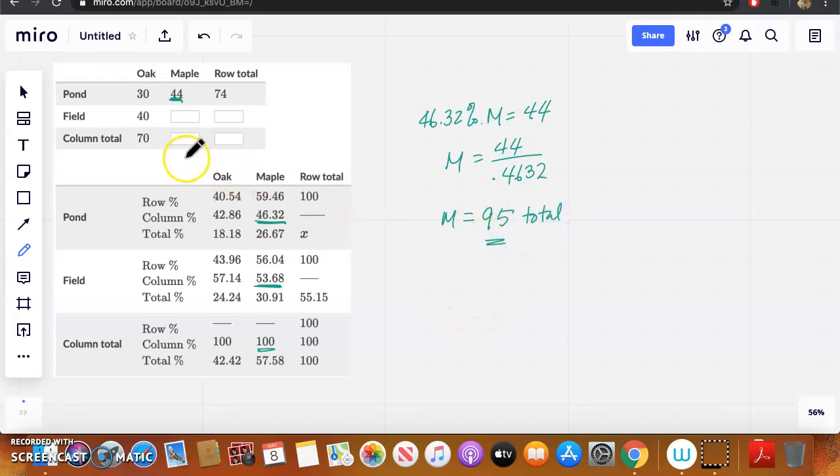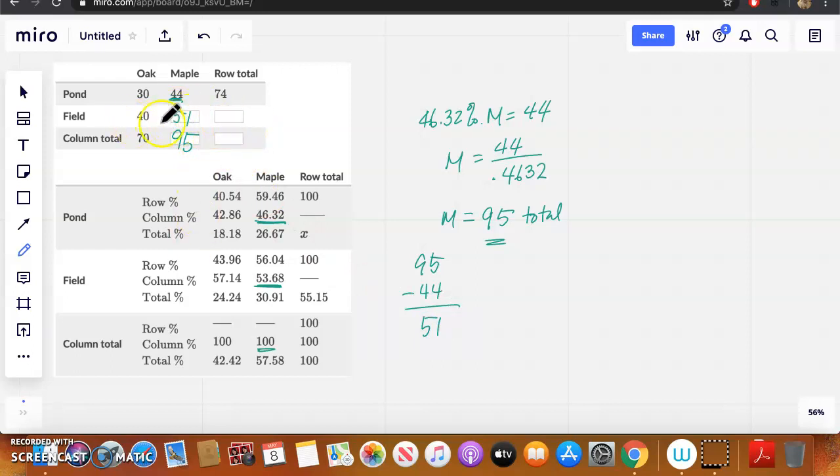Well, now we can actually put the 95 in here, which means we could just do a little subtraction to figure out how many maples are in the field. So 95 minus 44 is of course equal to 51. So it looks like this is going to be 51 here, correct?